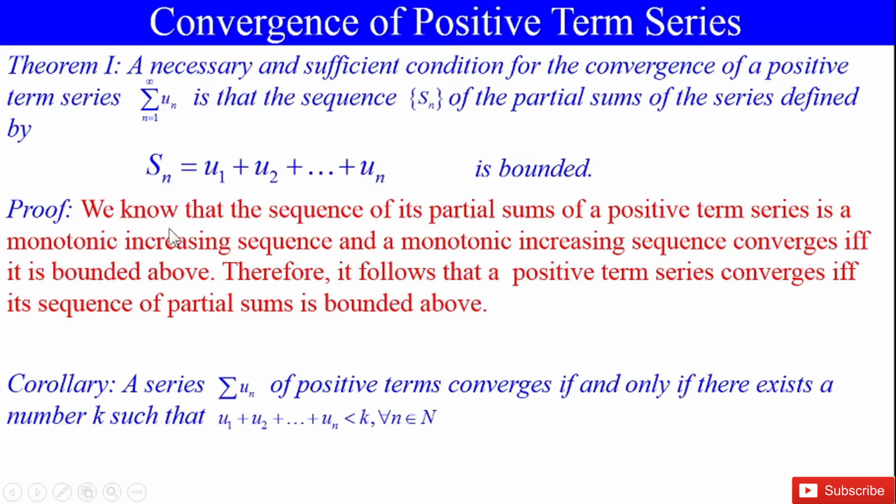We know that the sequence of partial sums of a positive term series is a monotonic increasing sequence, and a monotonic increasing sequence converges if and only if it is bounded above.